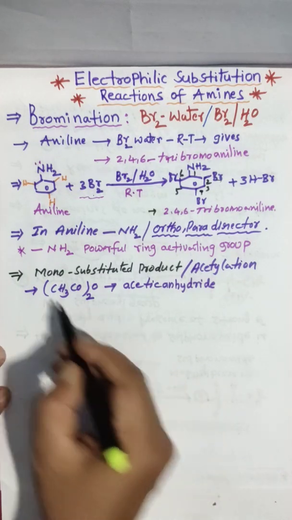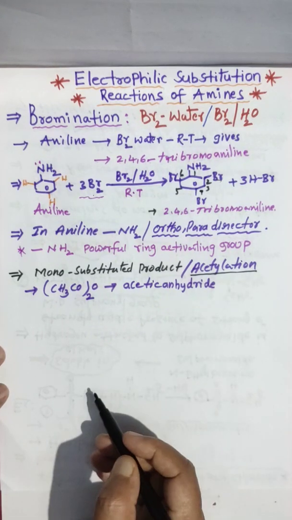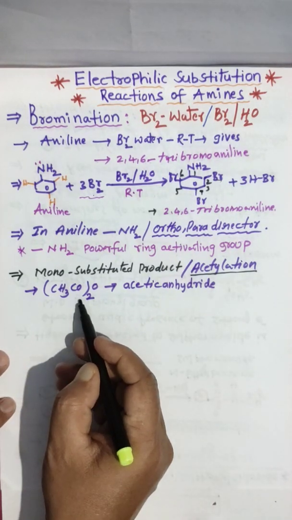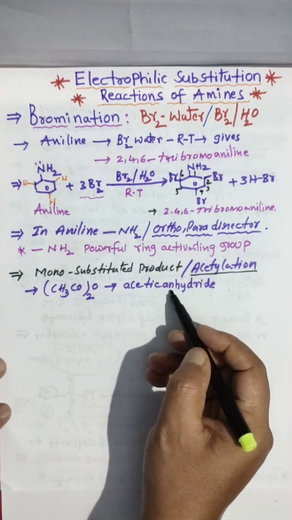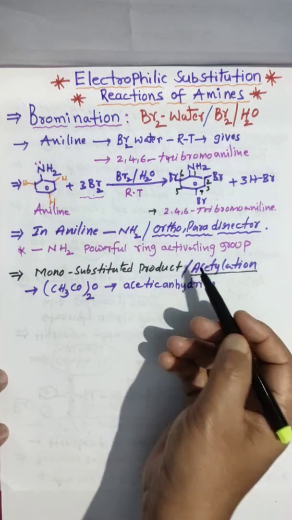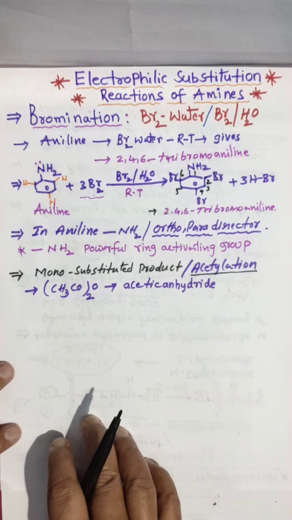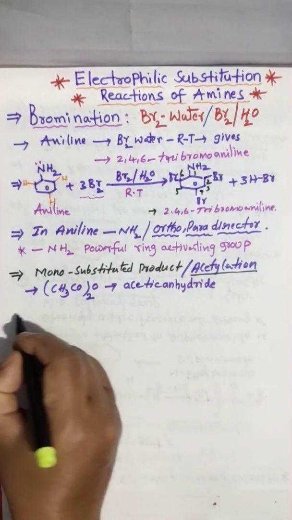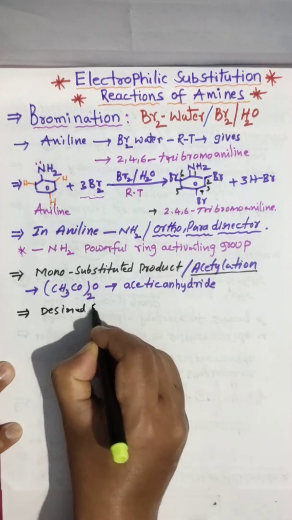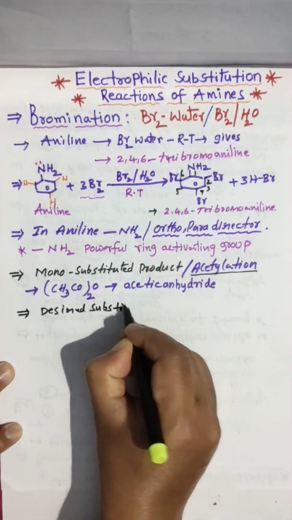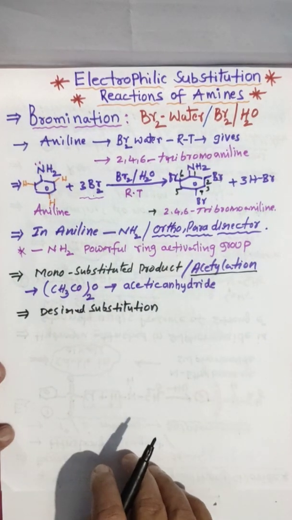So this is tri-substituted bromination. If you want only the mono substituted product, then what do you have to do? You have to do acetylation, that is, take acetic anhydride. If you take acetic anhydride, you get the mono substituted product, only one bromine is added, meaning the desired substitution takes place.